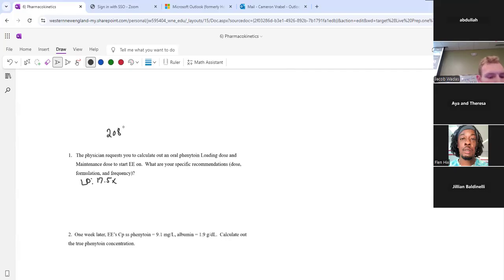So 208 divided by 2.2 to get kilograms, which is 94.5. The loading dose here is going to equal 1653.75.